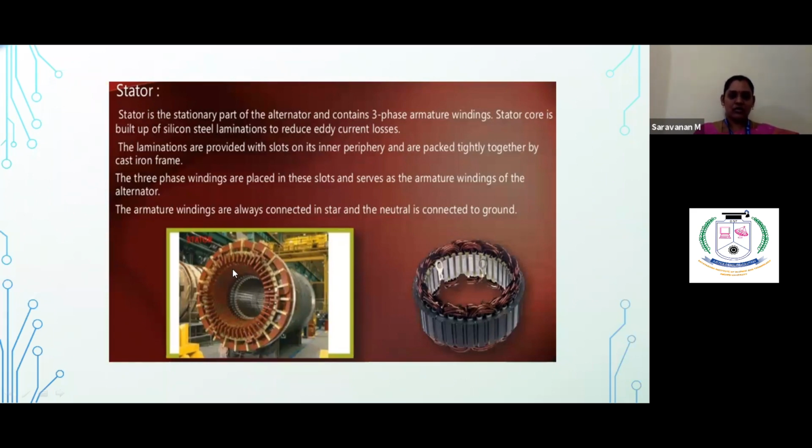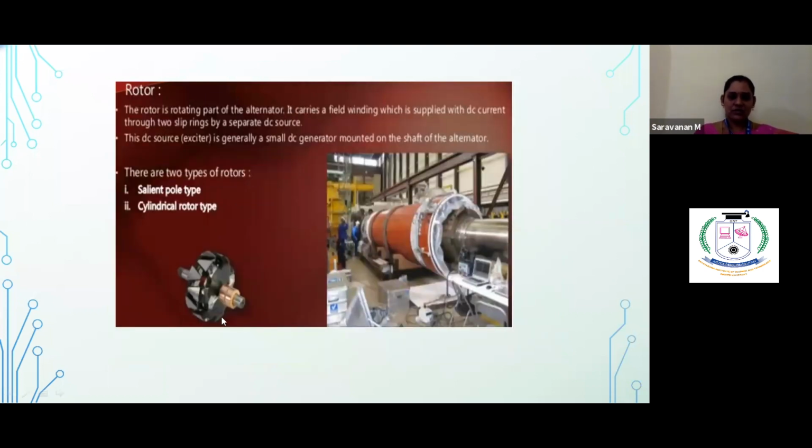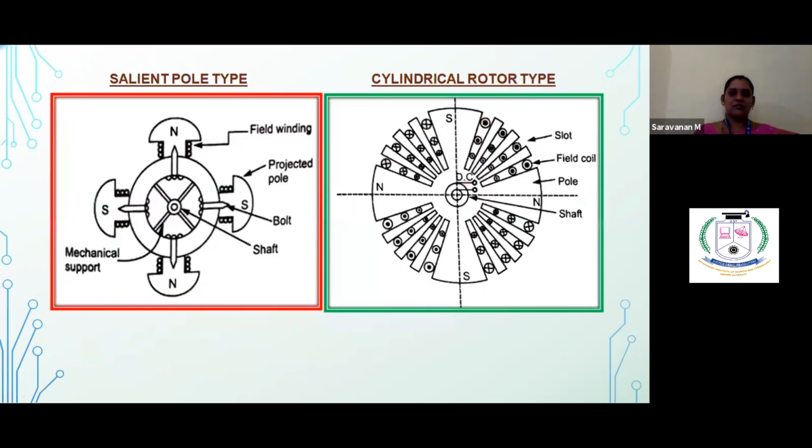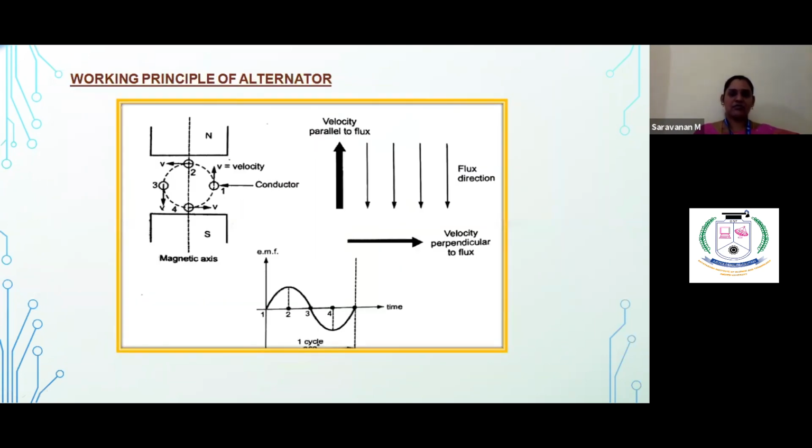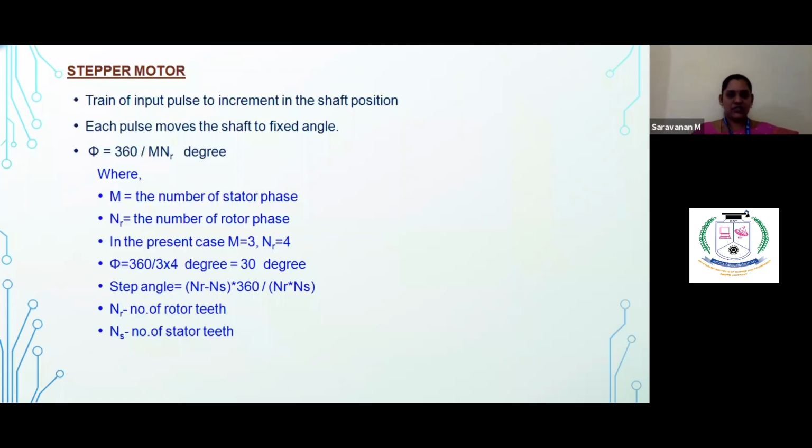On your rotor also you have the slots cut and all the conductors kept on the rotor. So when these rotor conductors cut your stationary magnetic field, you have an EMF induced, and that induced EMF is going to be your AC electrical output, which is the operation of your AC generator.